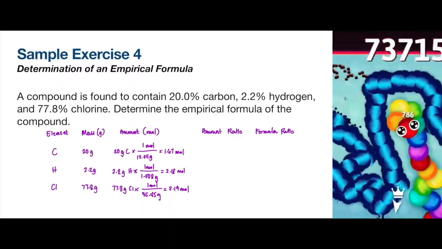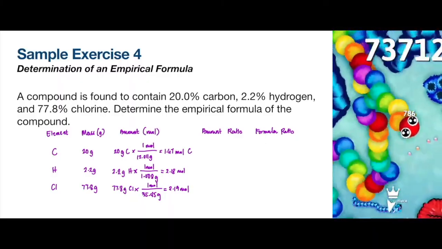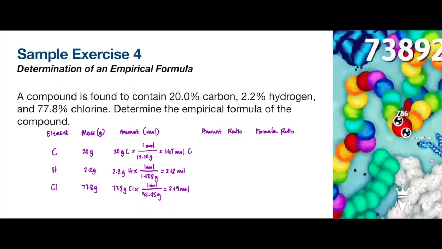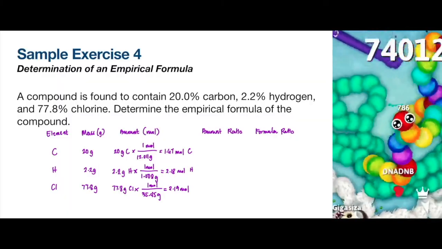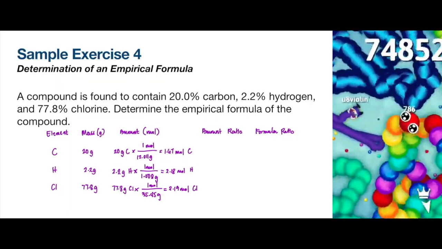So the answers are 1.67 moles of carbon, 2.18 moles of hydrogen, and 2.19 moles of chlorine.